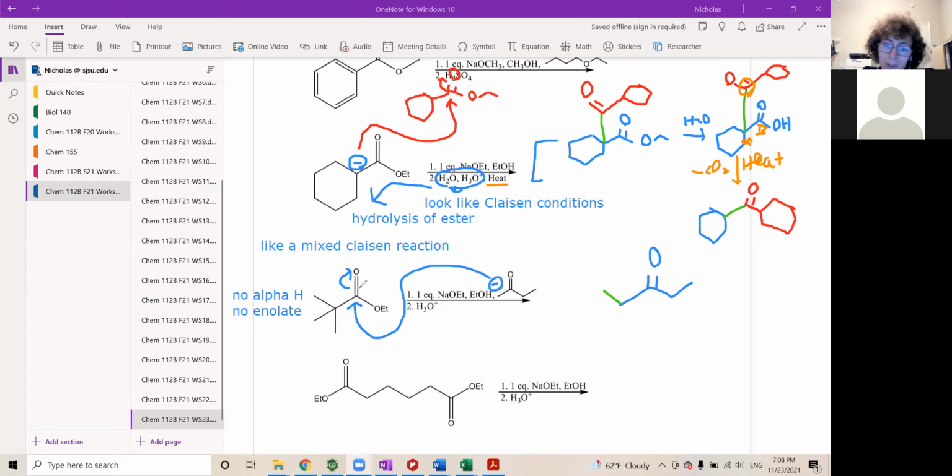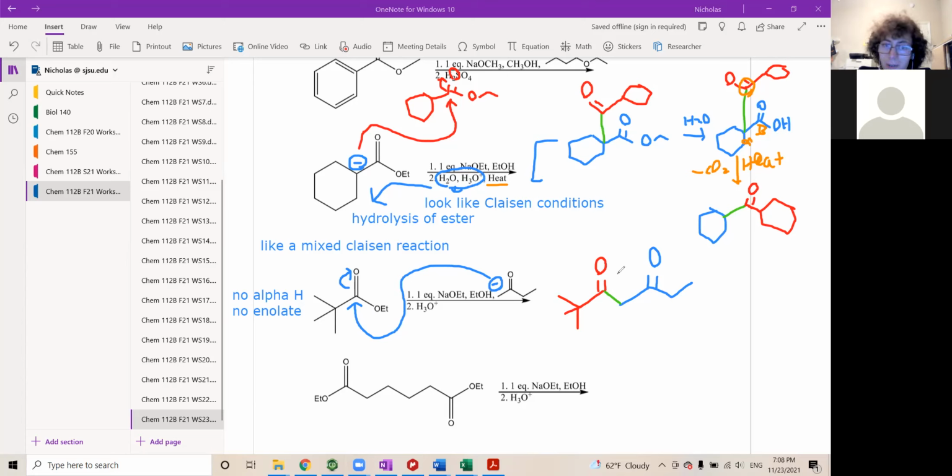And then to reform the carbonyl, we kick out this part of the ester. That's just describing the mechanism. And you do that to reform a carbonyl. And then when you do that, you get a ketone. So we're going to get a ketone from the ester there, because that's the electrophile here. And this is the product.